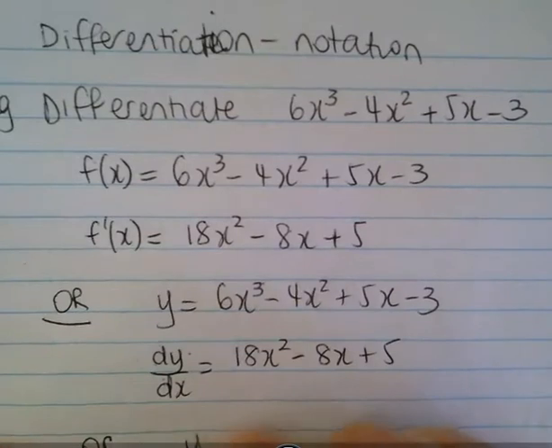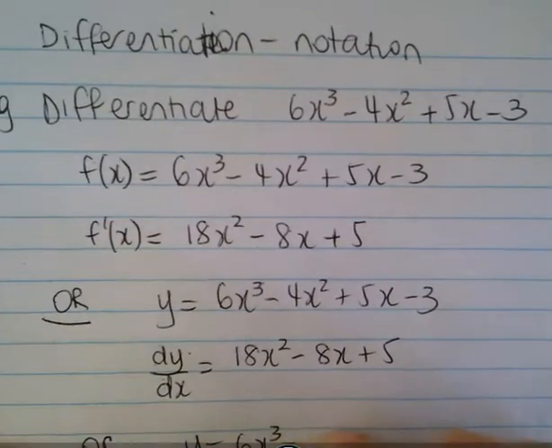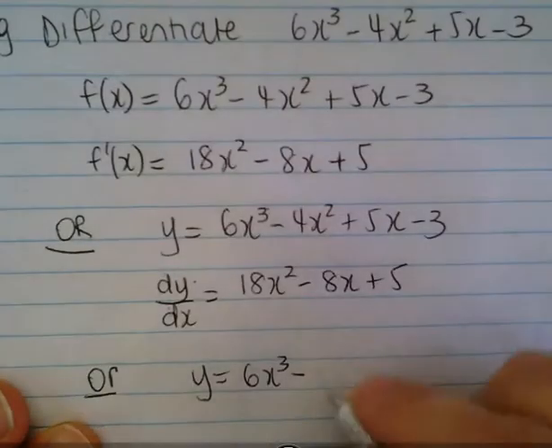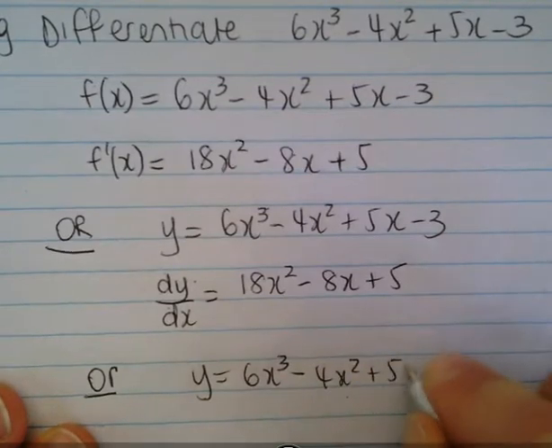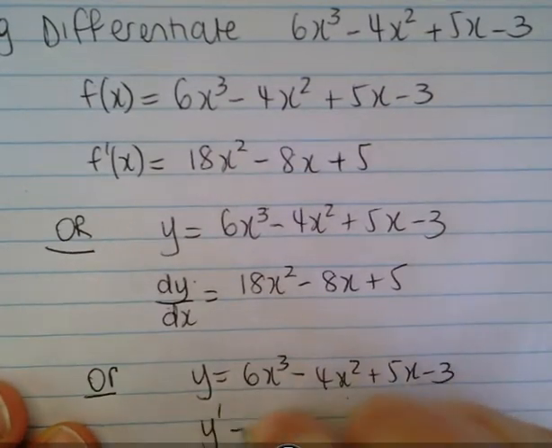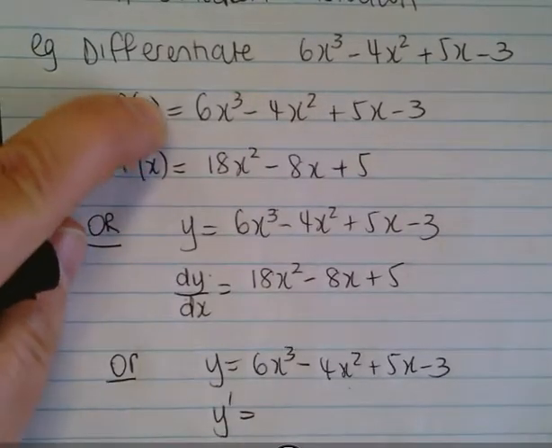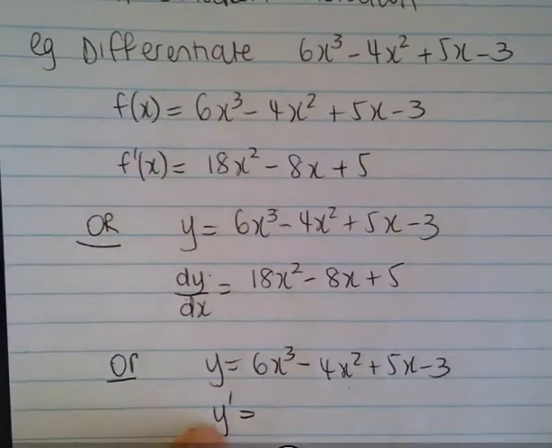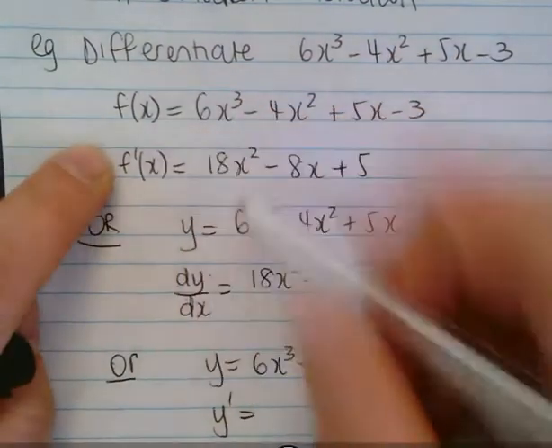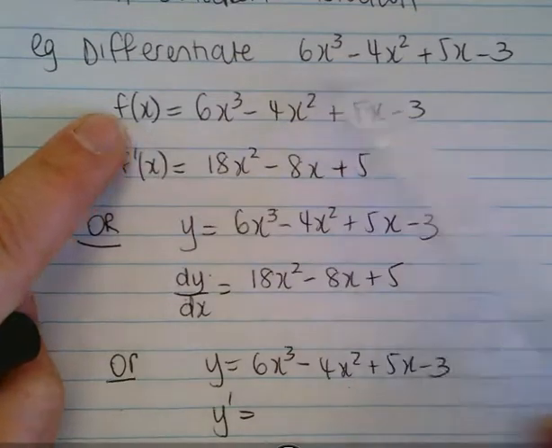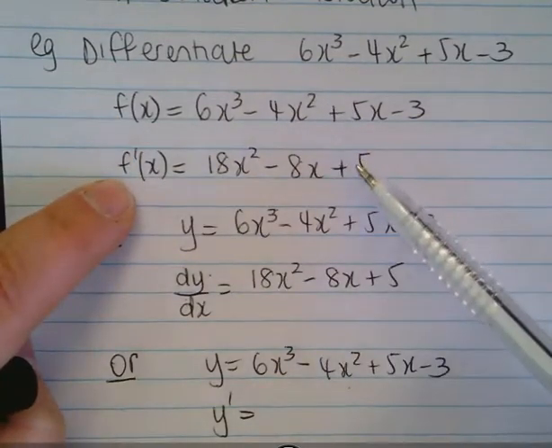Or I can write it like this. If y equals 6x cubed minus 4x squared plus 5x minus 3, you can write your first derivative just as y dash. So it's like this, function of x, f dashed x. A dash is your first derivative. So there's three ways to write it. If your question's presented as function of x, you write f dashed x as your derivative.